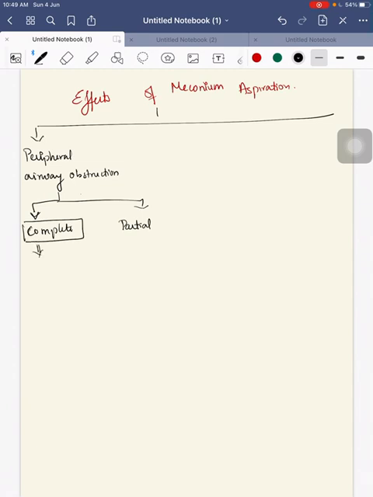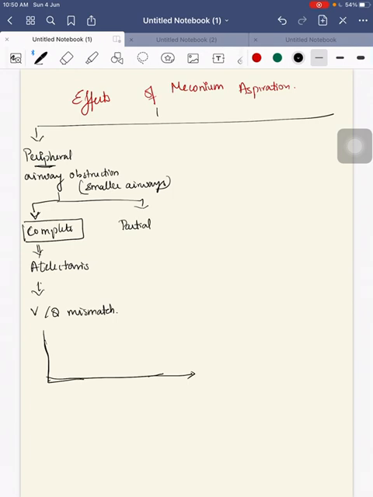In complete obstruction, mostly of the smaller airways, it leads to atelectasis. This in turn leads to ventilation perfusion mismatch, which can lead to acidosis, hypoxemia and hypercapnia.